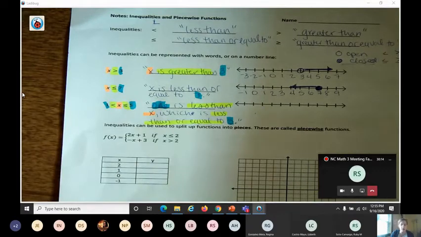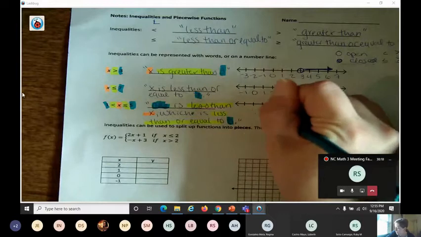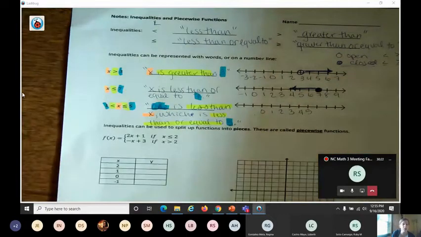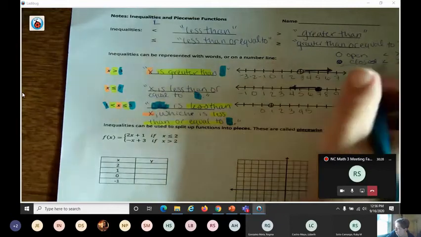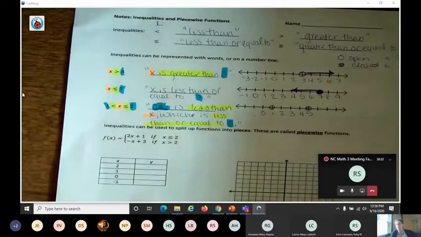So then I need to draw out my number line. I'm just going to do 0, 1, 2, 3, 4, and 5. Now I'm going to need 2 dots because I have 2 numbers. So I know I need a dot at 1 and I know I need a dot at 5. And we're going to need to decide whether or not these are filled in or open. Amar, are you there? Yes.